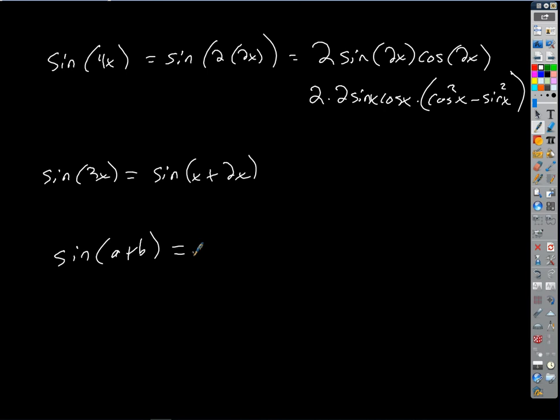It's going to be sine a cosine b plus sine b cosine a, right? And so in this case, we just have an x and a 2x. And then you'd have to expand the 2x ones and use that double angle formula for those. But that's how I did it. Okay.